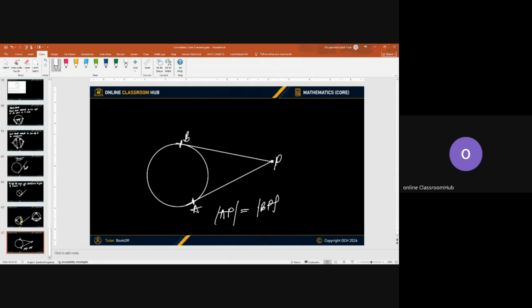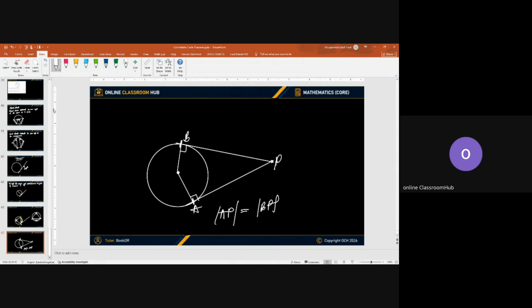So the moment the two tangents come from the same point, their lengths will be equal. And of course, if this is the center and I draw a line to this place, this will be 90. If I draw a line to this place, this will also be 90, because a tangent and a radius make an angle of 90 degrees. Good, so keep that one too.